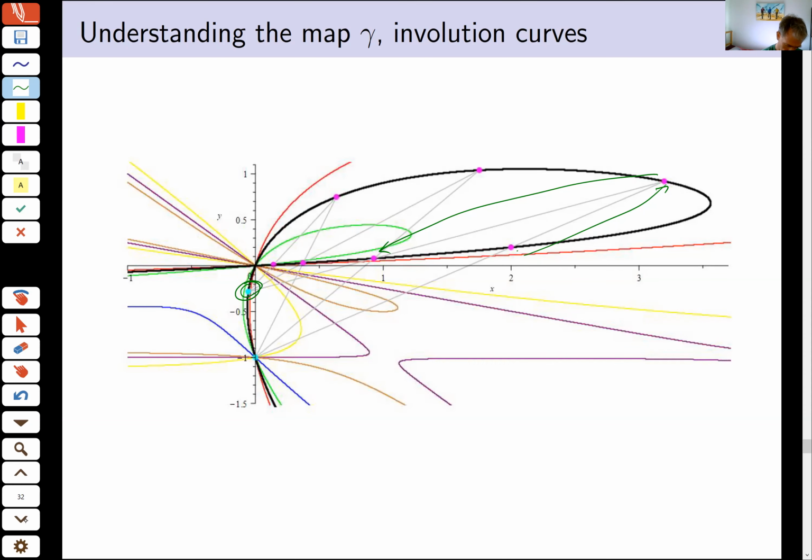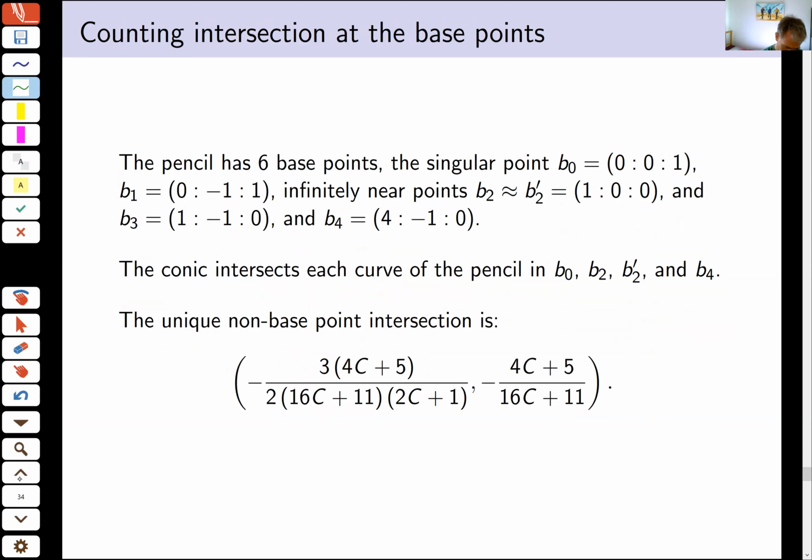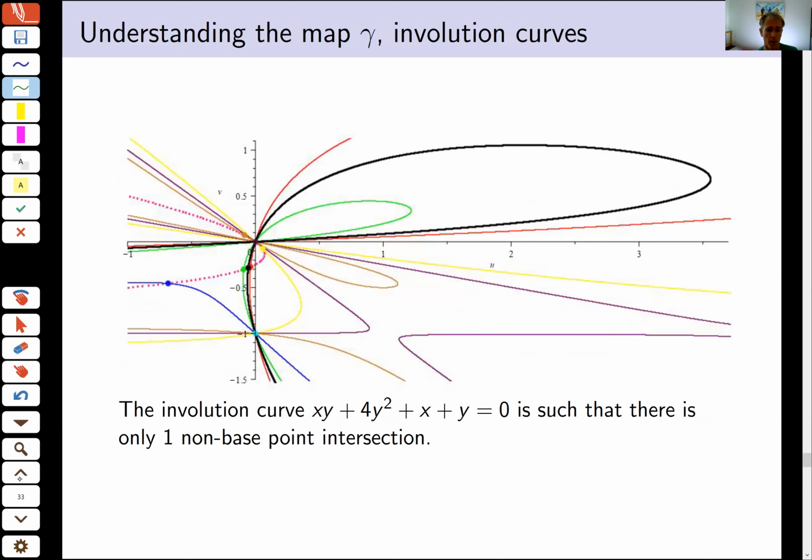What is happening here is that for each curve, there is a unique point on that curve, which is then the involution point for this second involution. And if you connect all these involution points, you get something that I coined an involution curve. And the special thing about this involution curve is that there is only one non-base point intersection.